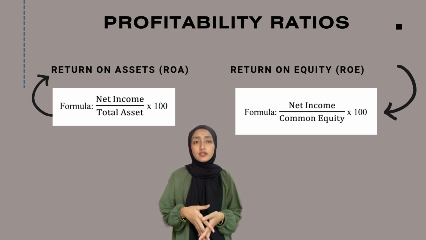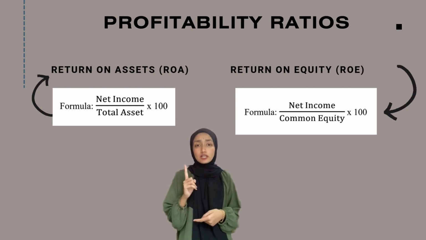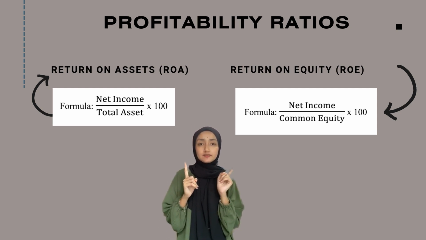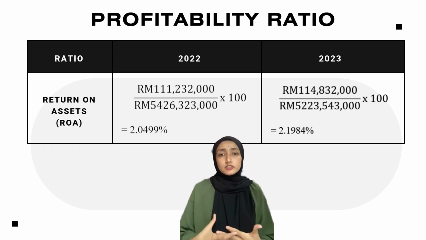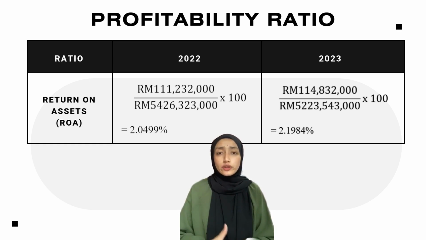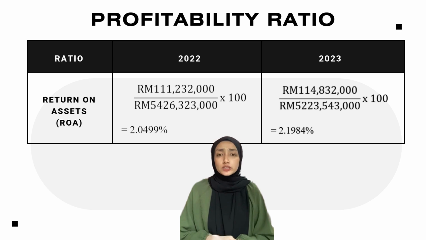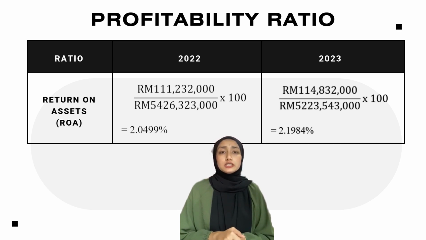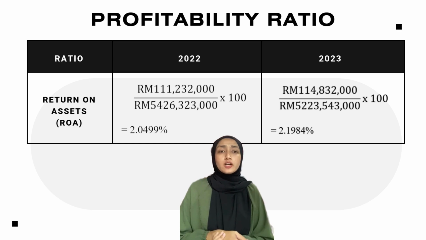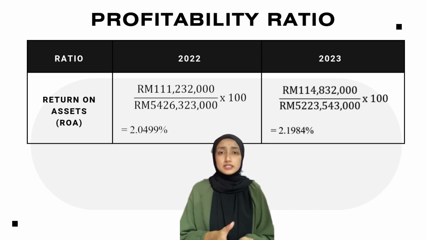This is the formula for return on assets and return on equity. Let's focus on return on assets, ROA, which measures how efficiently Aeon utilized its assets to generate profit. In 2022, Aeon recorded an ROA of 2.5, meaning it generates 2.5 cents in net income for every 100 ringgit of assets.